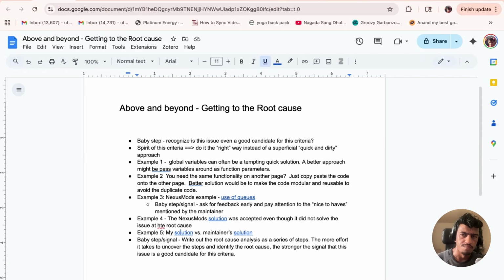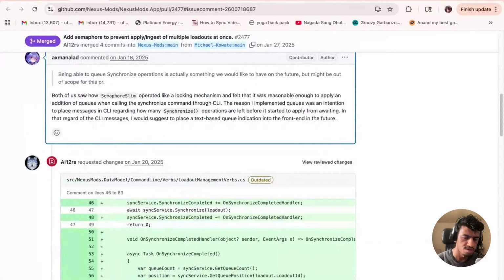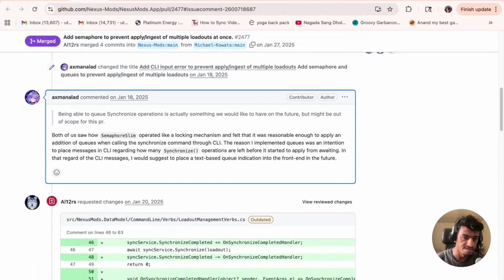Although, what do you do if it's not a bug, right? The example I just showed you was for a bug. Well, you could do this for a feature as well. In a way, the earlier Nexus Mods example, the use of queues, is a great example of how you can go above and beyond even for a feature. To implement this feature properly, maybe they could have used a queue to do something.